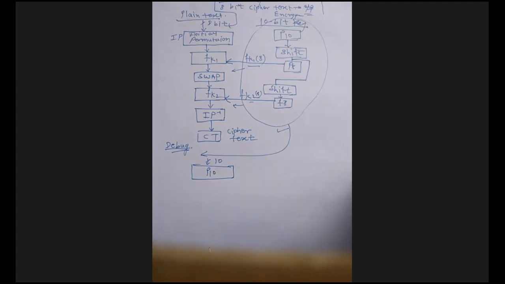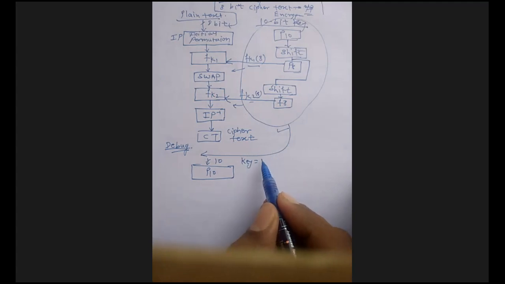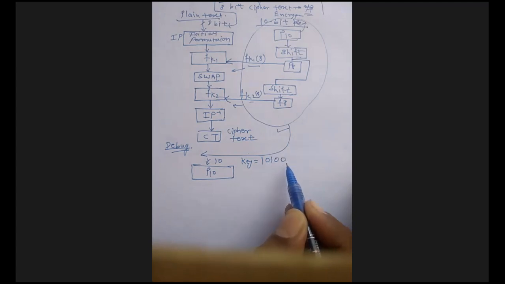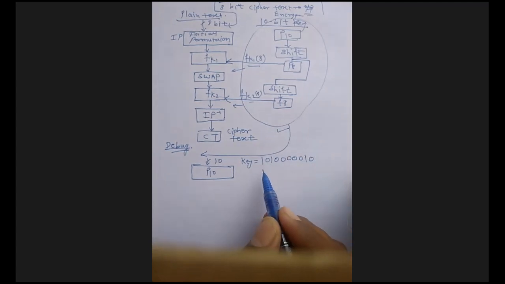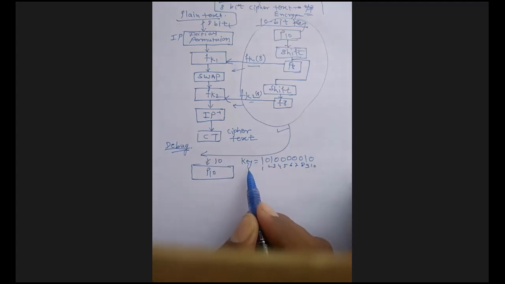Now for the 10-bit key, I consider any random numbers: 1 0 0 1 0, that is 5 digits, then again 0 0 0 1 0. So the total numbers are 1 2 3 4 5 6 7 8 9 and 10. So this is my 10-digit key. Is it visible to all?